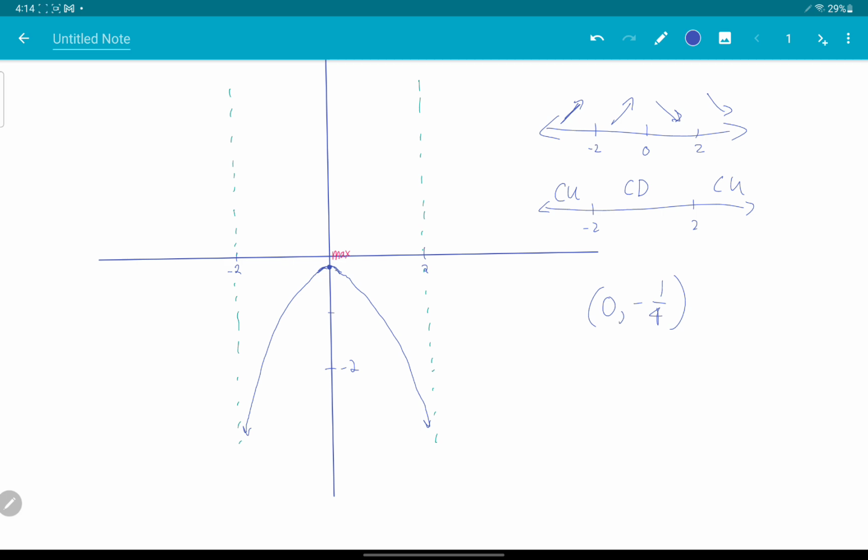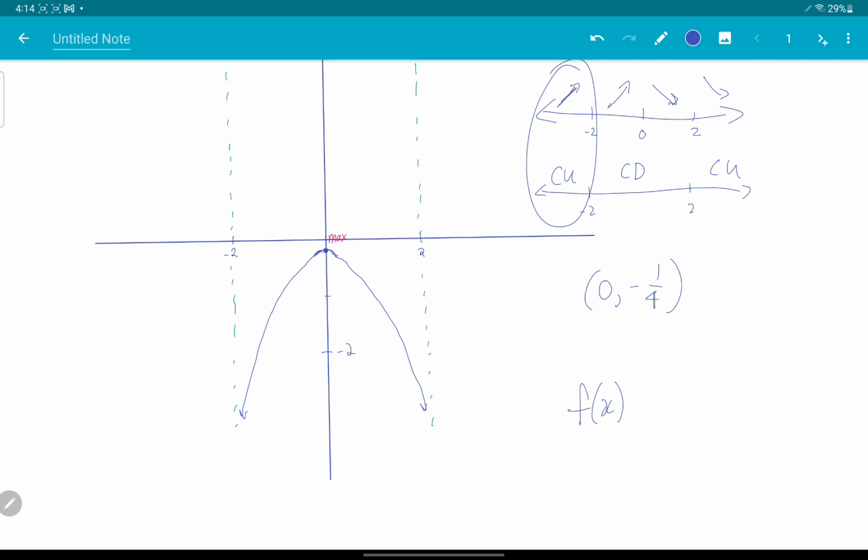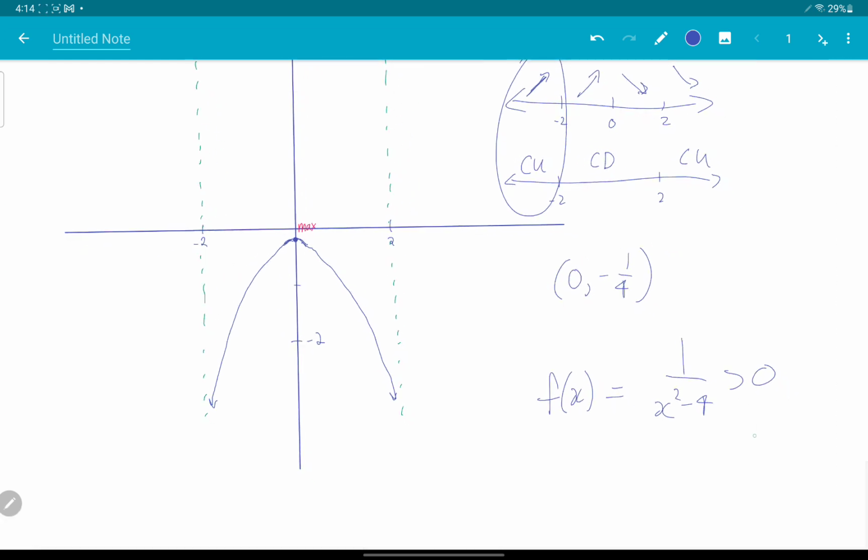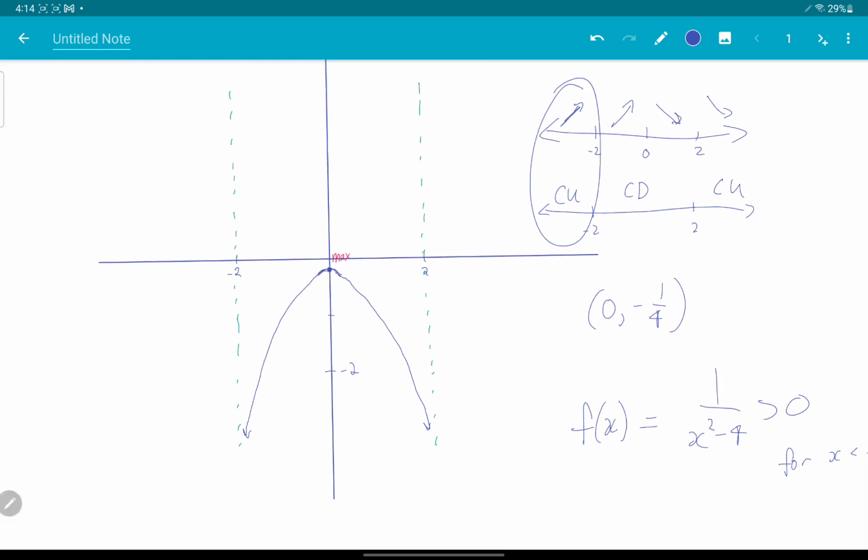Okay, how about this region over here? So it should be increasing, and it should be concave up. Now let's remember what my function is. Now it's going to be useful for me to see that if I have x smaller than -2, then this is positive. So my function exists up here.